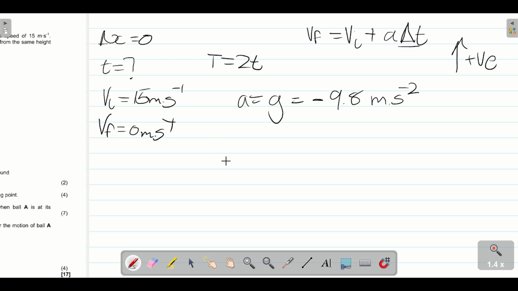So if we make delta t the subject of the formula, let's take this step by step. If we move the initial velocity to the other side of the formula, we'll be left with acceleration times delta t equal to final velocity minus initial velocity.